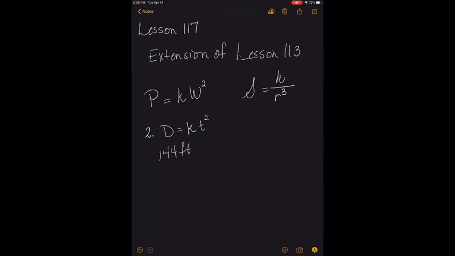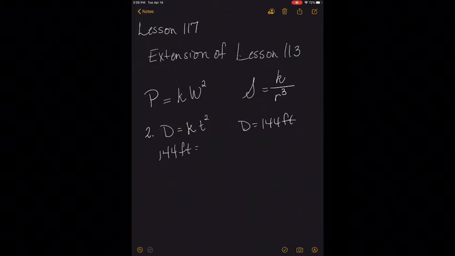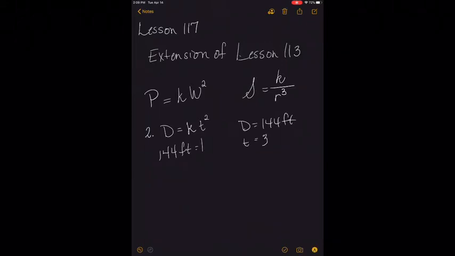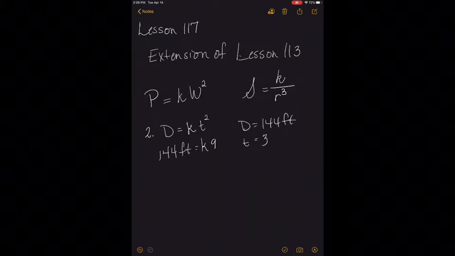If it falls 144 feet, that's our distance, in 3 seconds, so our time is 3. So 144 equals K times 9. Then the question is, how far will it fall in 10 seconds?